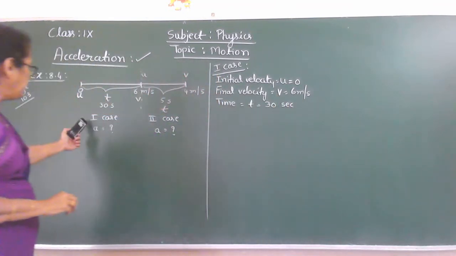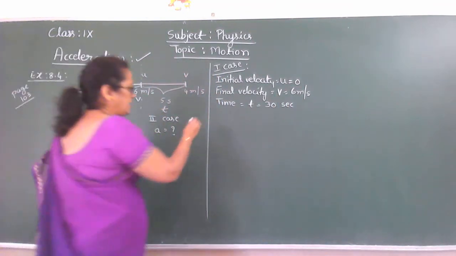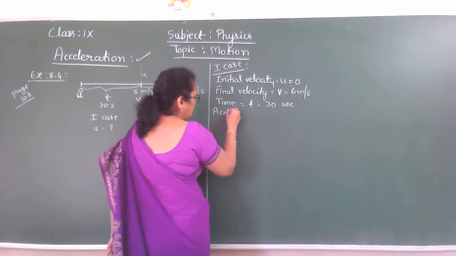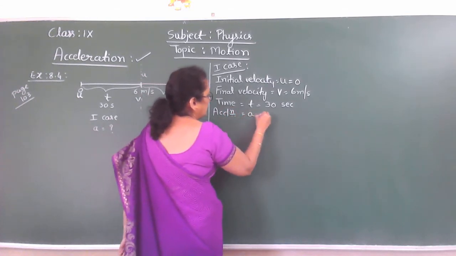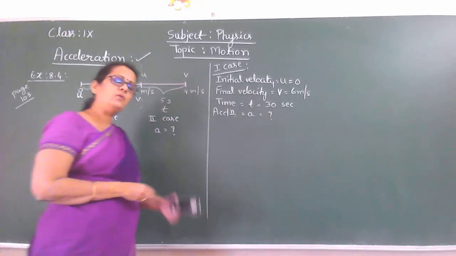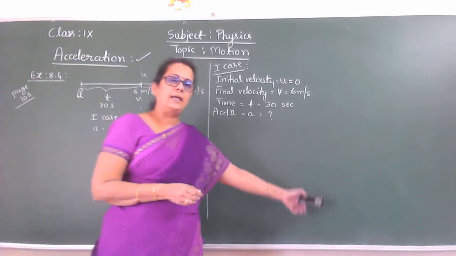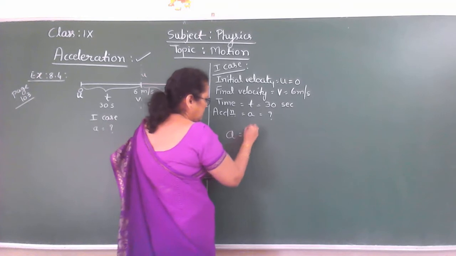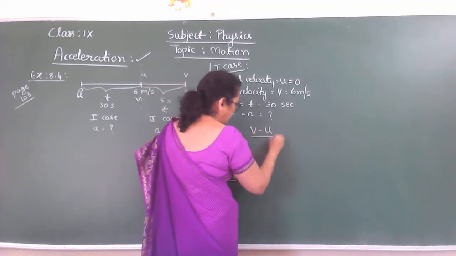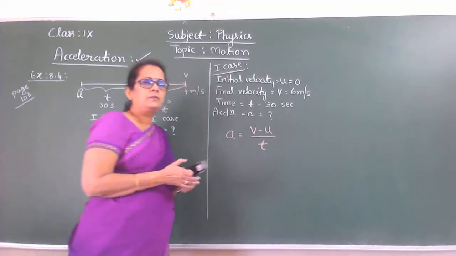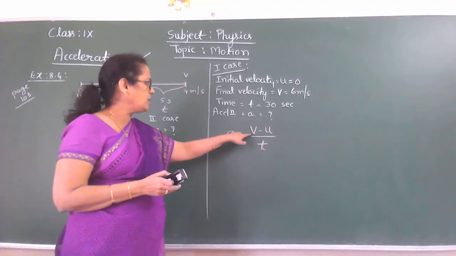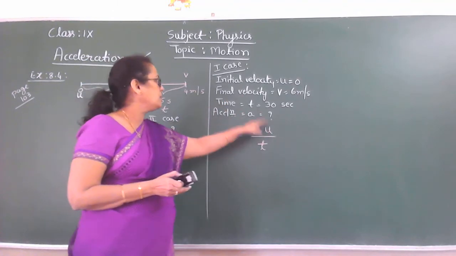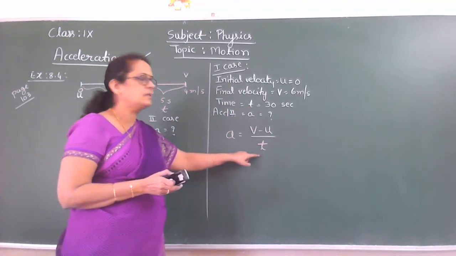Now in the first case you find the acceleration. What is the formula? a equals v minus u by t, where a is acceleration, v is final velocity, u is initial velocity and t is time taken.